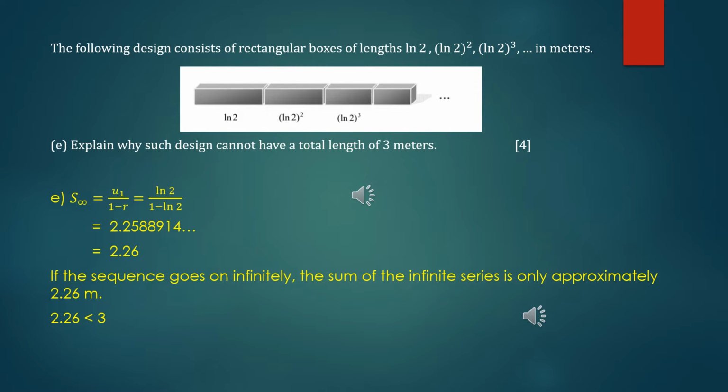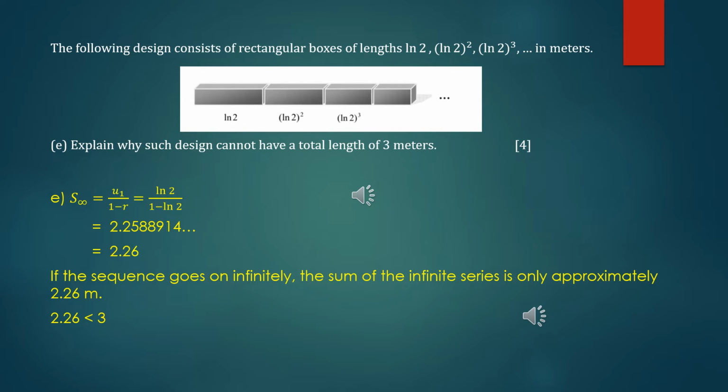Since this pattern is kind of an infinite sequence, we find the sum of the infinite series using the formula u sub 1 over 1 minus r, and then we substitute the values for u sub 1 and r. This qualifies for an infinite sum because the value of our r, which is ln2, is approximately less than 1.